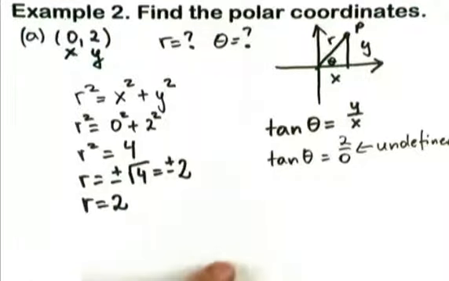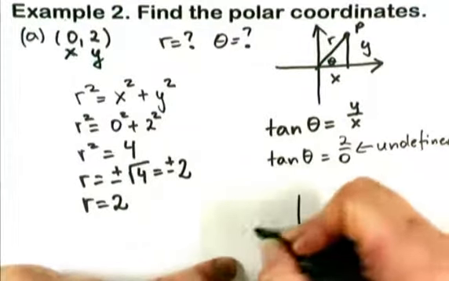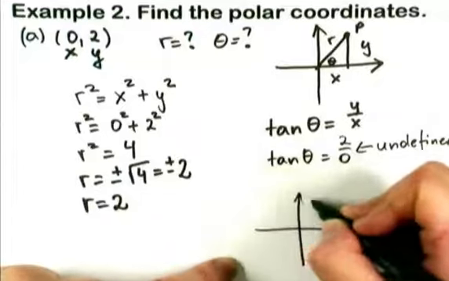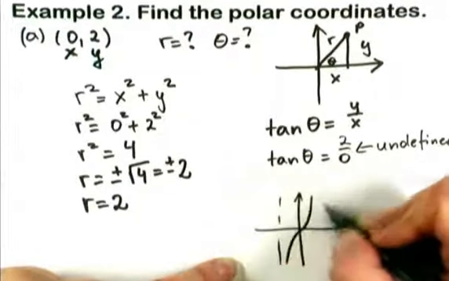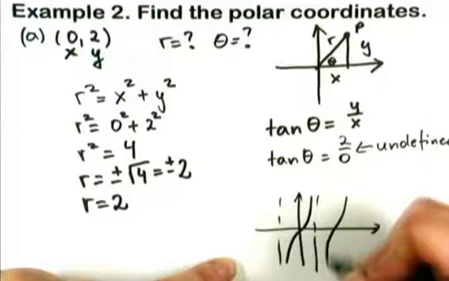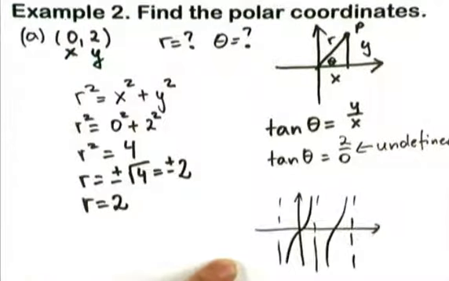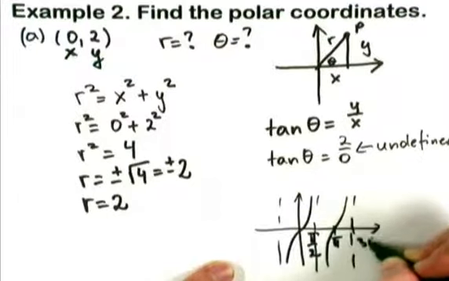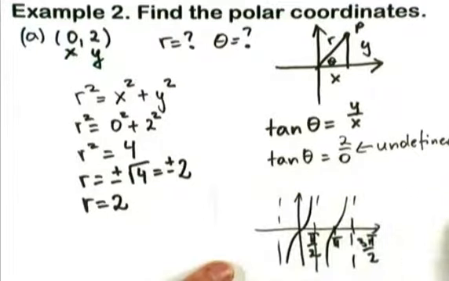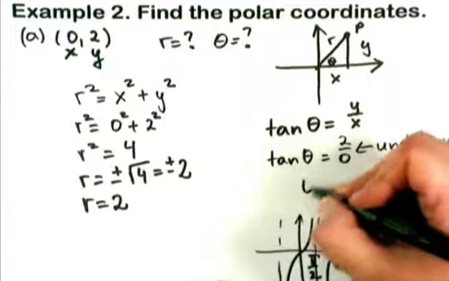If we look at the tangent graph, where are the asymptotes? At asymptotes, the tangent is undefined, right? So here is pi over 2, here is pi, here's 3 pi over 2. So my theta is pi over 2.